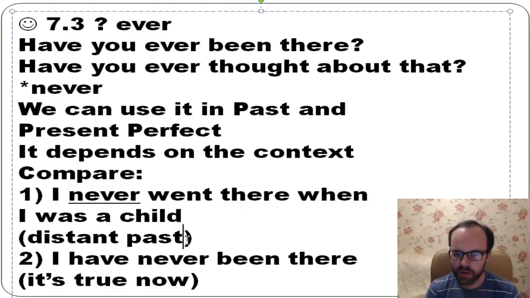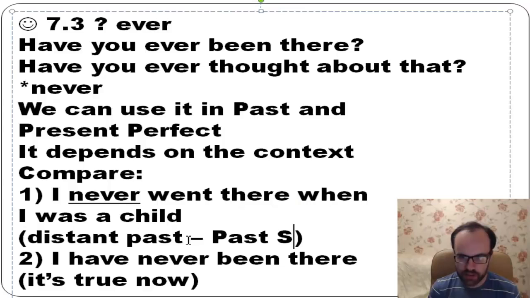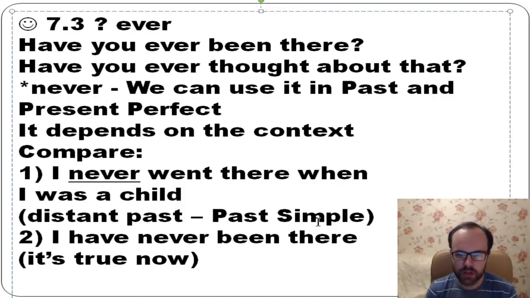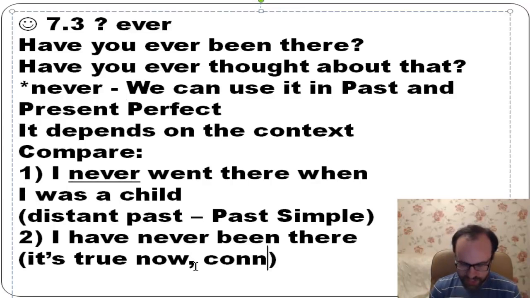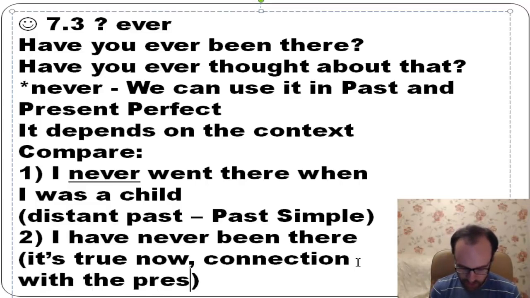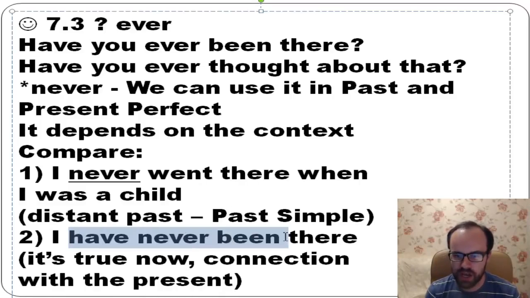So we use past simple. And I have never been there. It's true now. So there is a connection with the present, and we use present perfect. I have never been there.